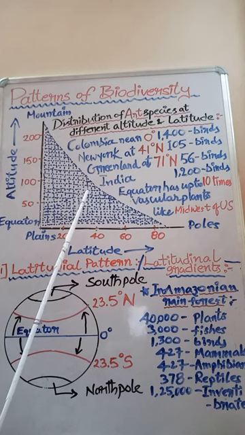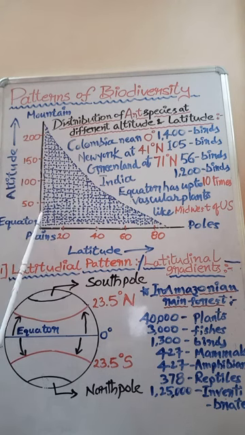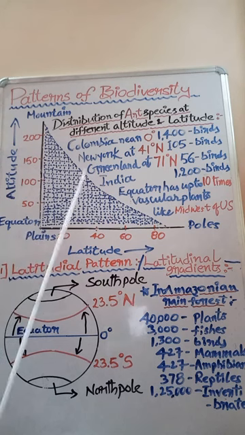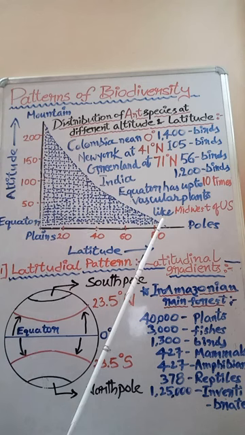So what we can understand from this graph is that at low altitude, at the equator, at low latitude, at the plains, at low degrees Celsius, different species of ants are more. They decrease when we go from lower altitude to higher altitude, and lower latitude to higher latitude.